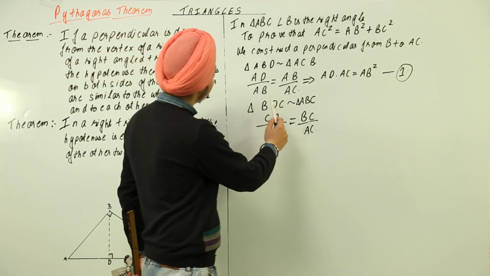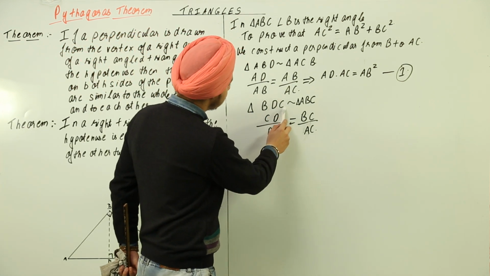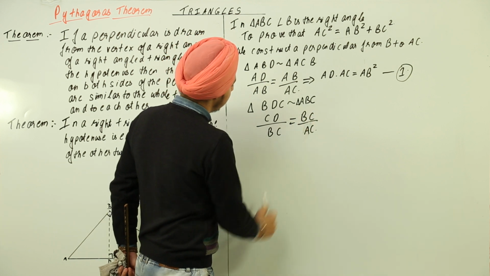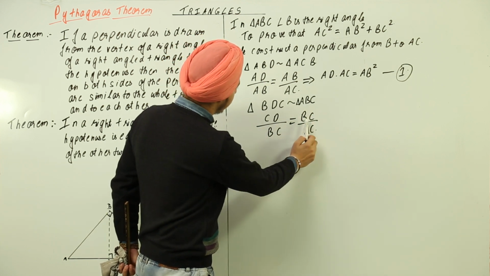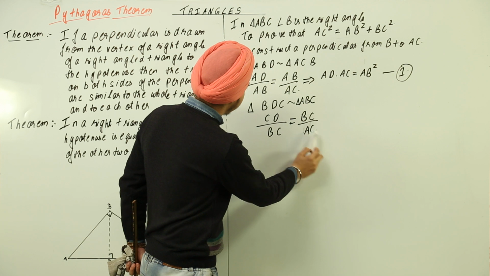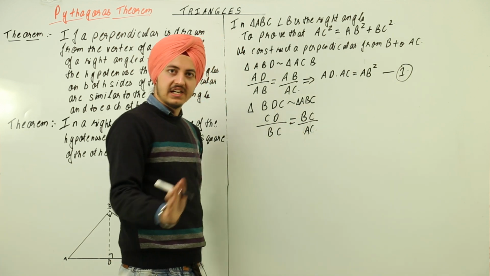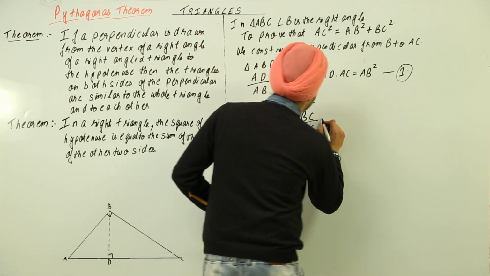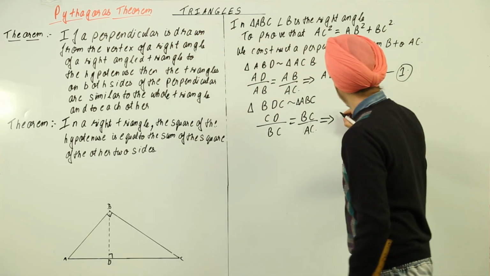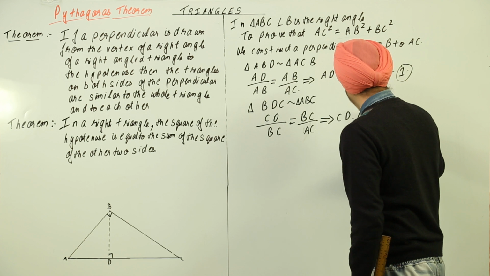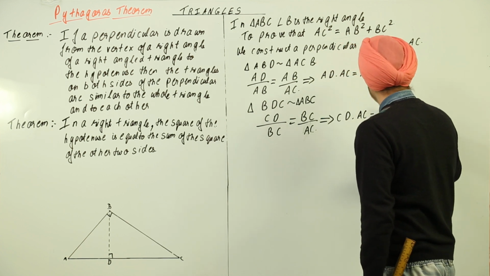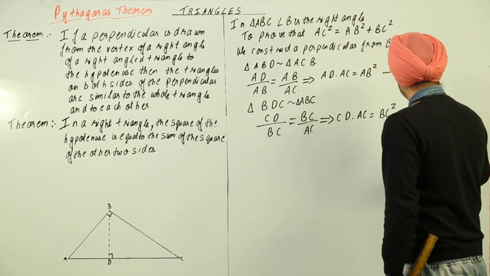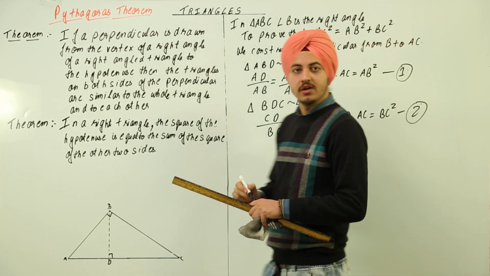Yes, we have CD upon BC is equal to BC upon AC from here. Yes, it is correct. Now from here what we get is CD into AC is equal to BC square. Let's name this as 2, correct?